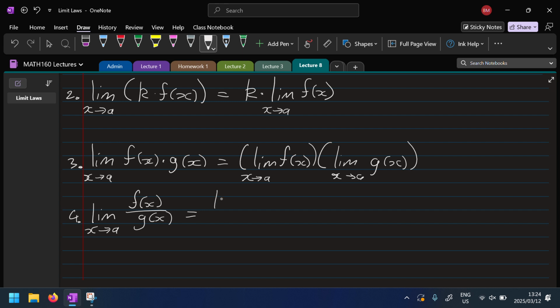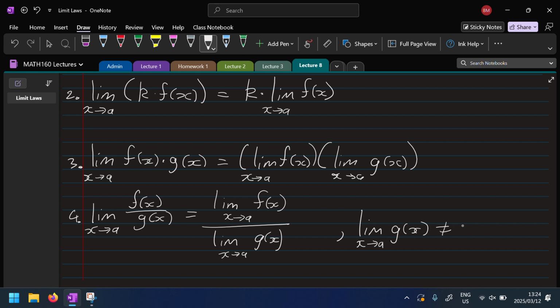So this is going to be the limit as x goes to a of f of x over the limit as x goes to a of g of x. But whenever we've got fractions, we must be careful. The denominator can't be zero. So we need to put the restriction that the limit as x goes to a of g of x is non-zero. We don't want to be dividing by zero.